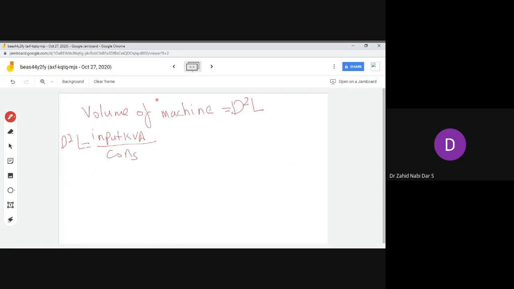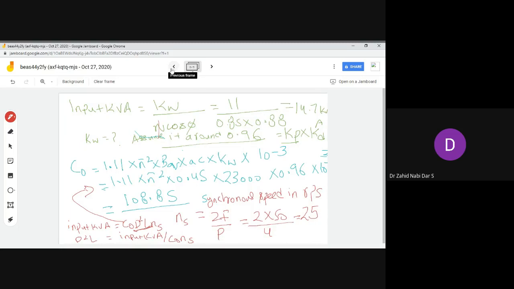Now we have the value of input kVA we calculated. You have all the values, you can calculate and let me know. The input kVA, in the very first, was 14.7.